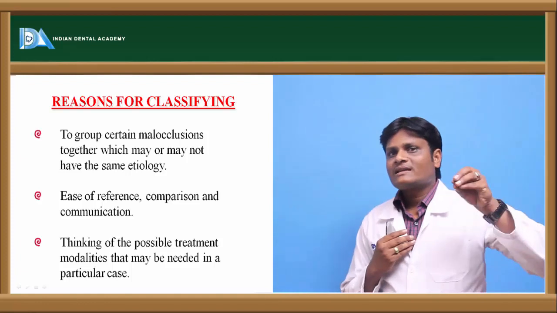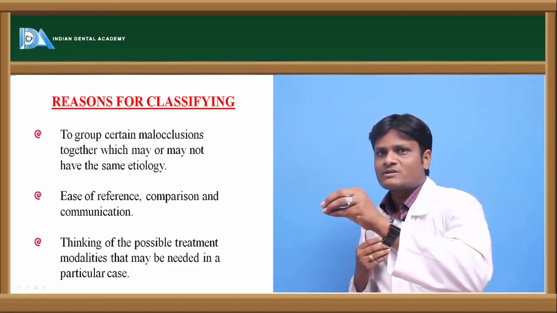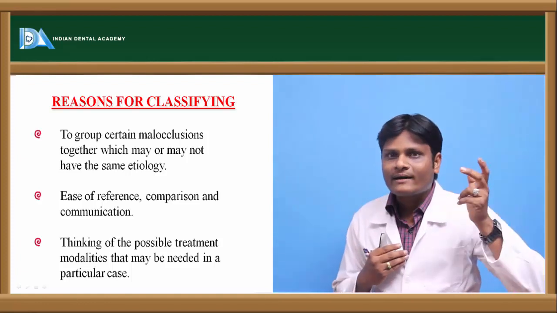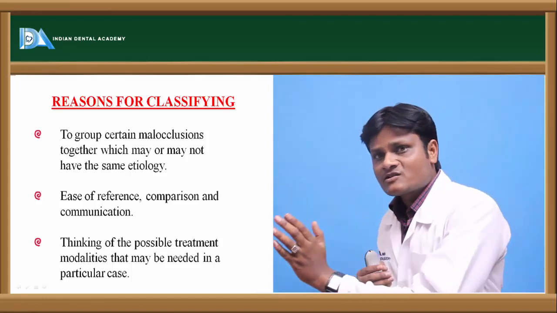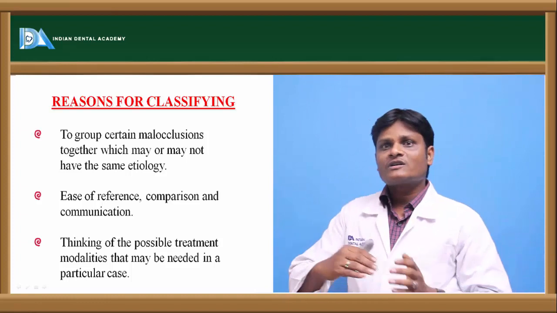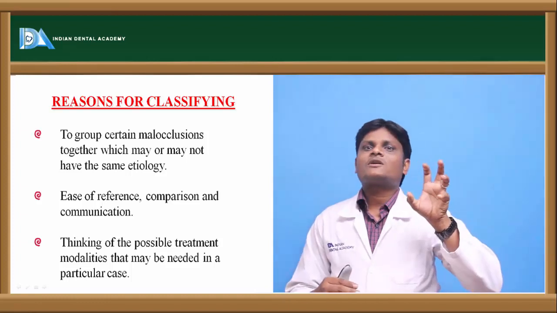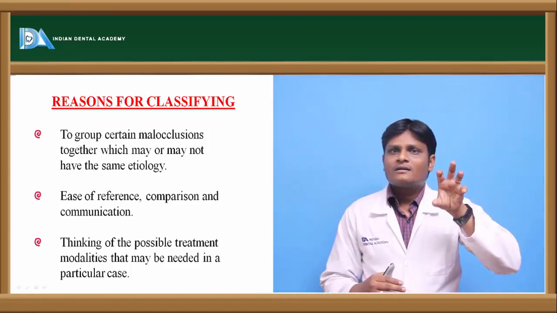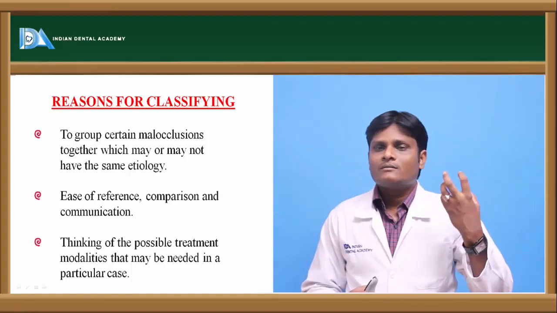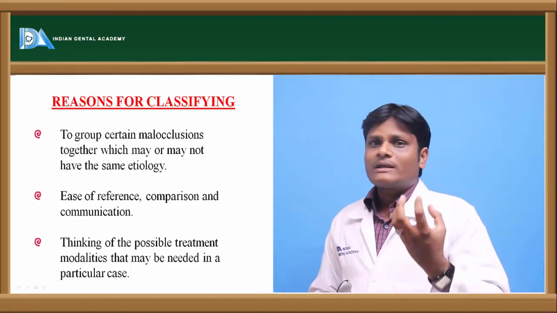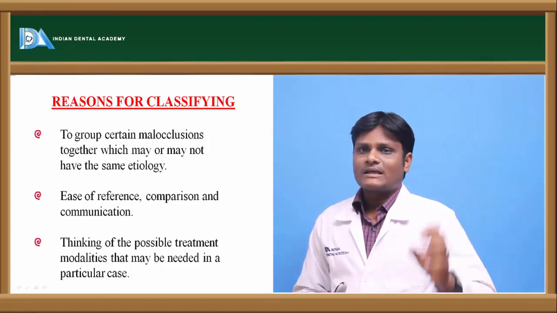Once we say that a person has this kind of malocclusion, we can assume in our mind that this person has this kind of molar relationship, this is the relationship between the incisors, and this is how the teeth are aligned. So the entire picture of the dentition will come to mind when we put all the characteristic features into a single terminology.